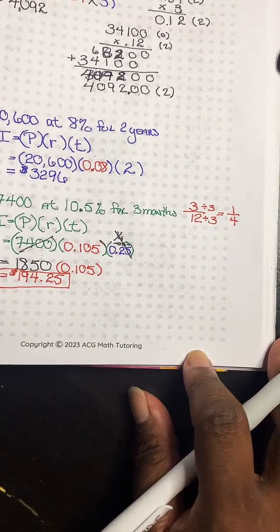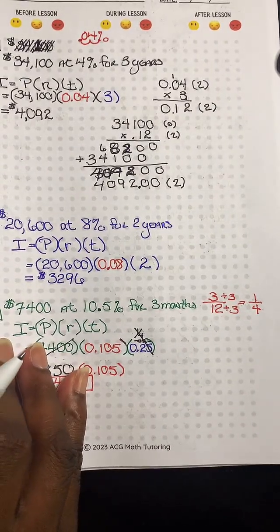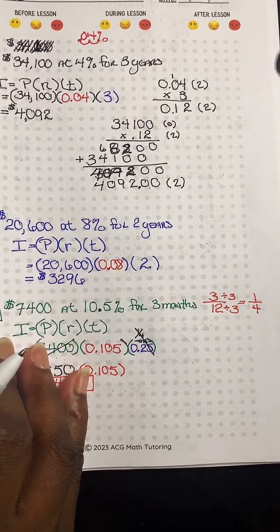All right. Okay, let's try the next part. So that was simple interest. Once you know the principle, and especially in word problems, once you see the principle, underline it.